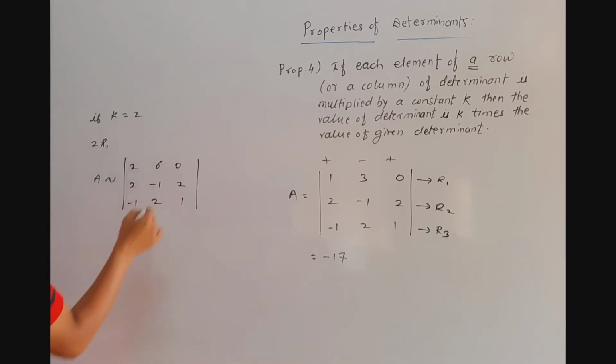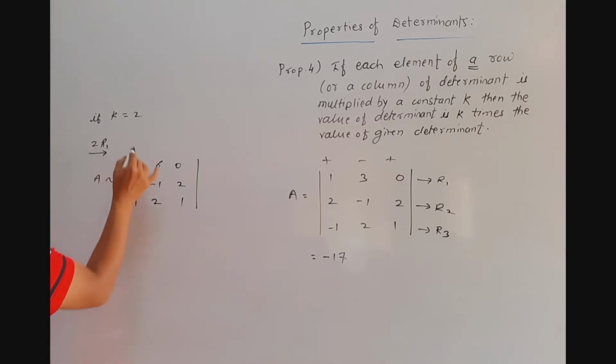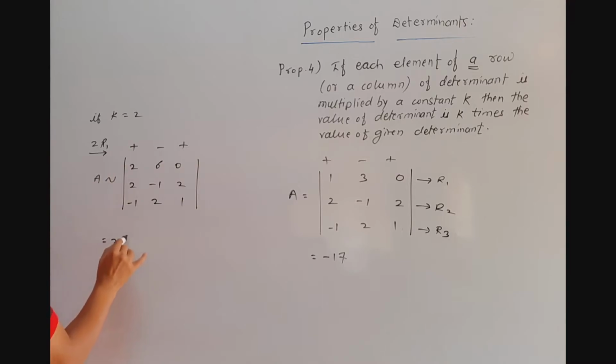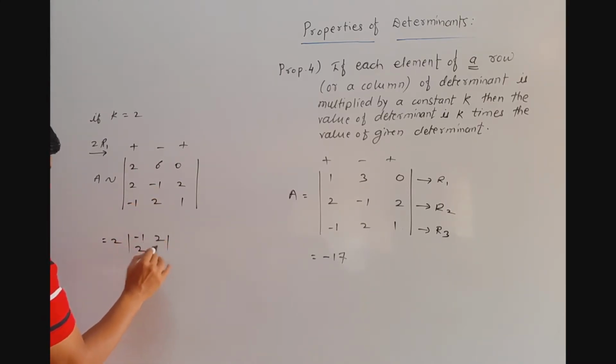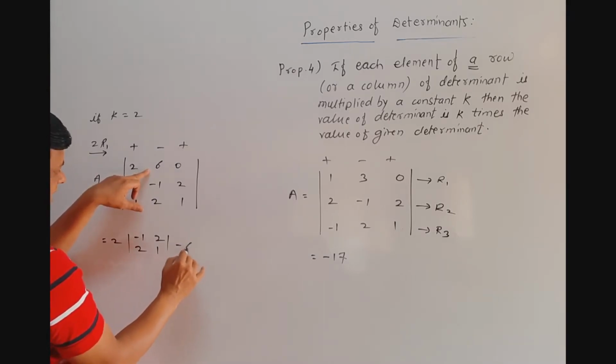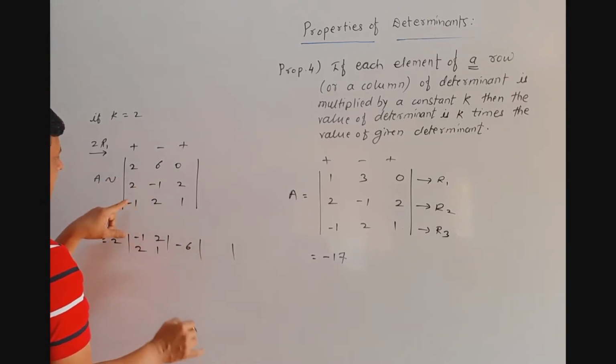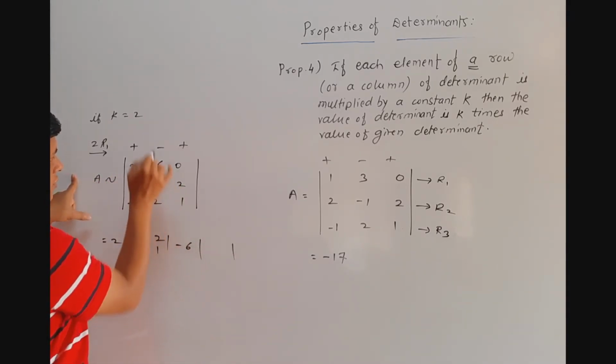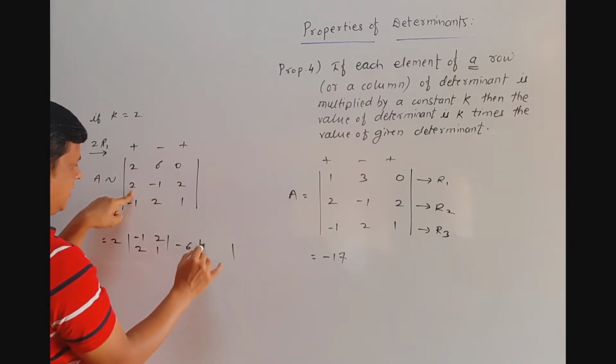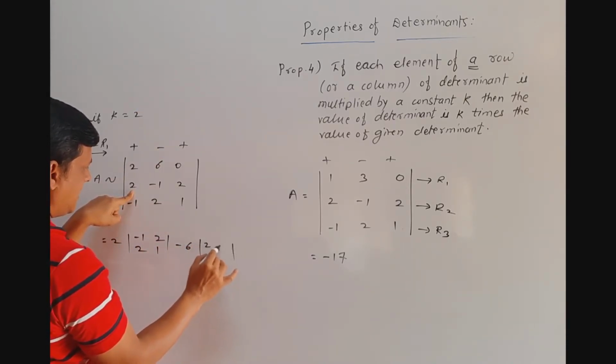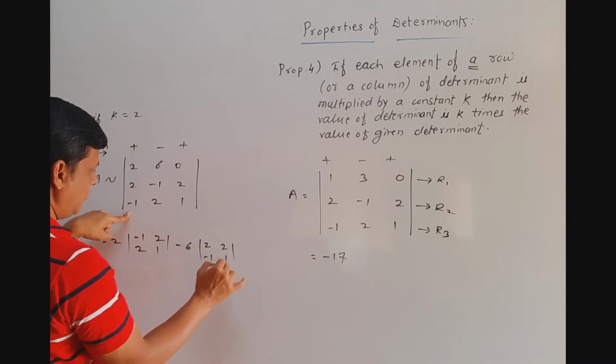Now we calculate this determinant. So write here plus, minus, plus. So plus 2 in determinant, we skip the first row, first column, and write the elements in this determinant as minus 1, 2, 2, 1. Then minus 6 in determinant, we write here after skipping the first row, second column, elements in this determinant as 2, 2, minus 1, 1.